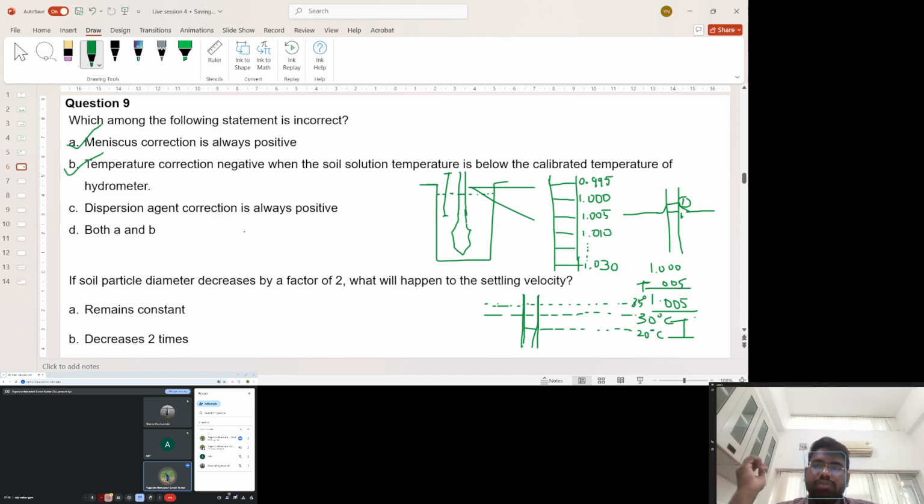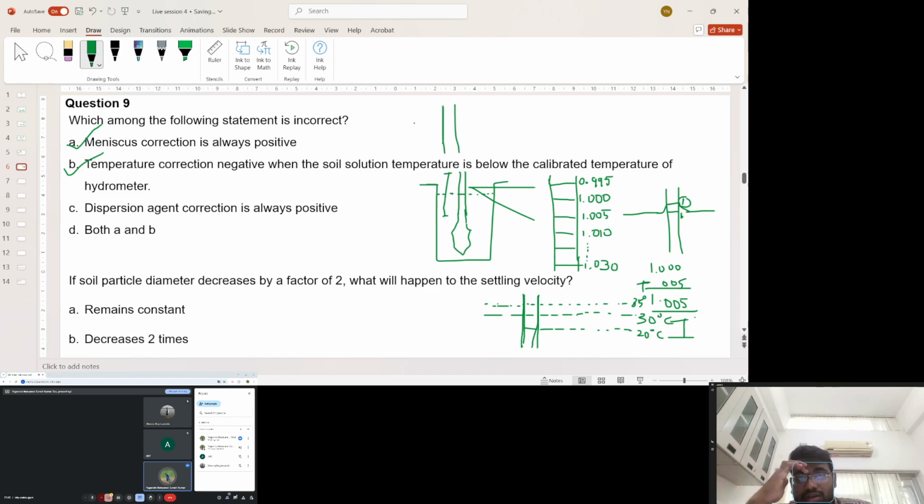Now coming to the dispersive agent correction. Due to the addition of the dispersion agent, the density of the water tends to increase.